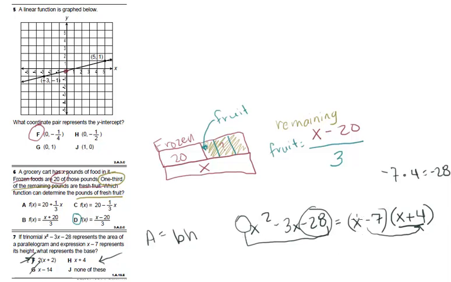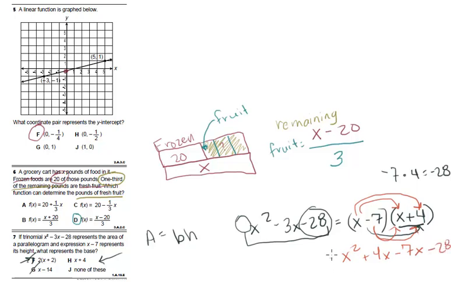But let's go ahead and check it. If I multiply x minus 7 times x plus 4, x times x is x squared, x times 4 is 4x, negative 7 times x is negative 7x, and then negative 7 times a positive 4 is negative 28.